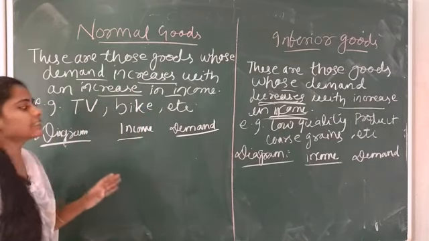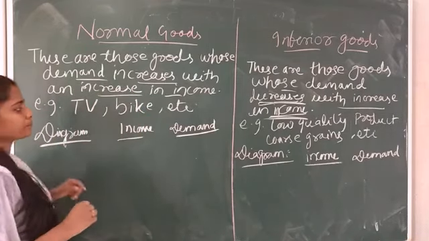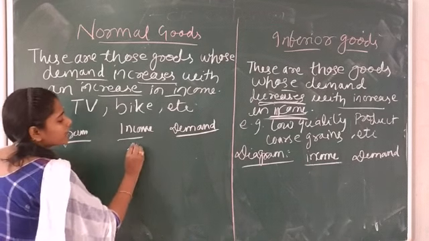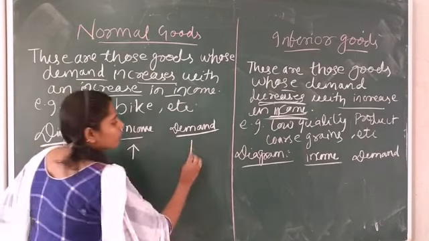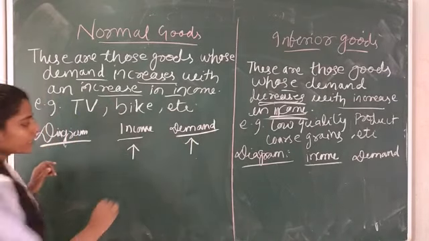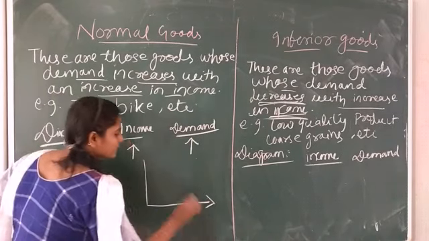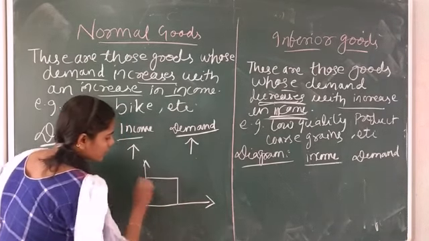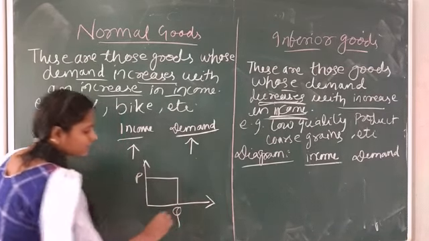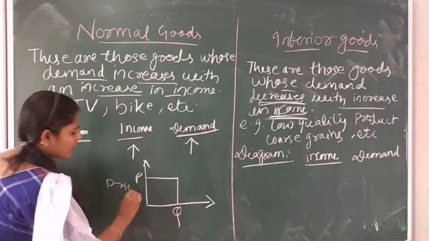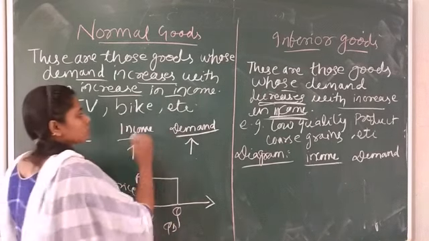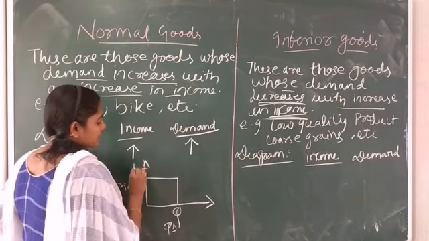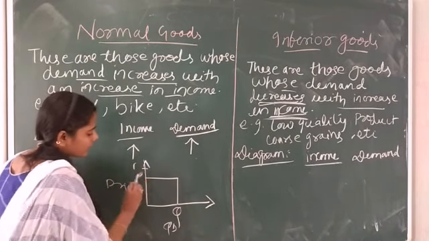So here we can explain through a diagram. First, if the income increases, then the demand for normal goods will always increase. So the demand curve will be like this. This is P and this is Q. This is your price and this is your quantity demanded. This is your income.